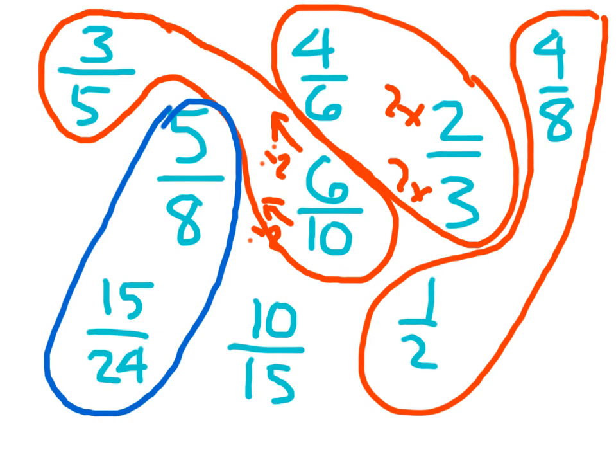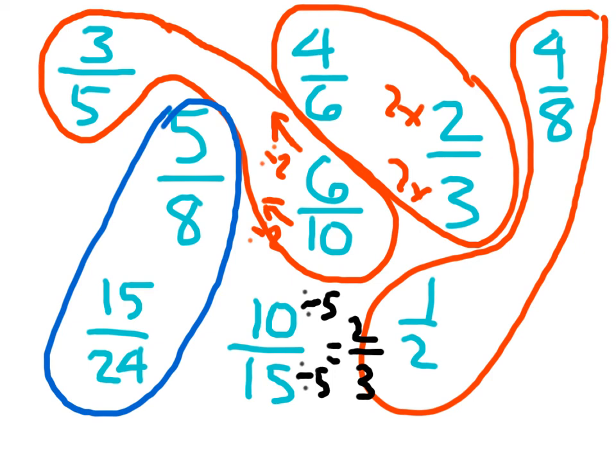Now I'm going to throw out a term for you. This 10/15 is not in simplest form, and to make it into simplest form, we're going to do the same thing in the numerator and denominator to write an equivalent fraction for it. 10 divided by 5 is 2, 15 divided by 5 is 3, and 2/3 is what's called simplest form. It's much easier for me to draw 2/3 than it is to draw 10/15.